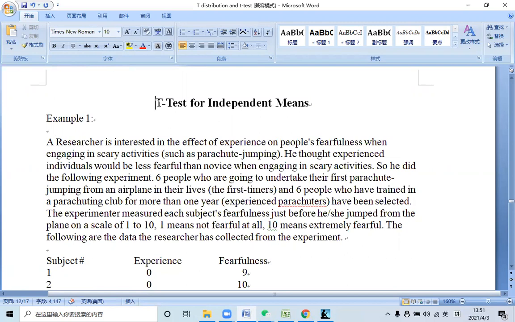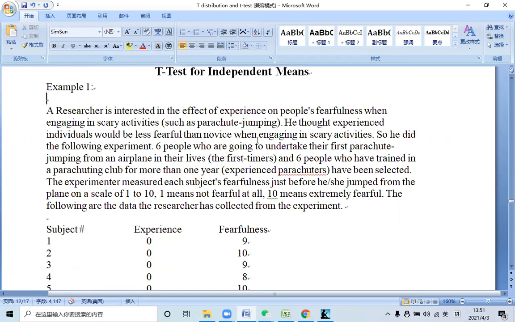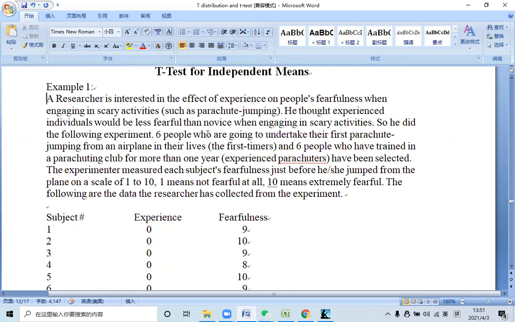Now let's look at the t-test for independent means. Example 1, researchers interested in the effects of people's experience on their fearfulness when they do scary activities like parachuting, bungee jumping. Those are very scary activities.